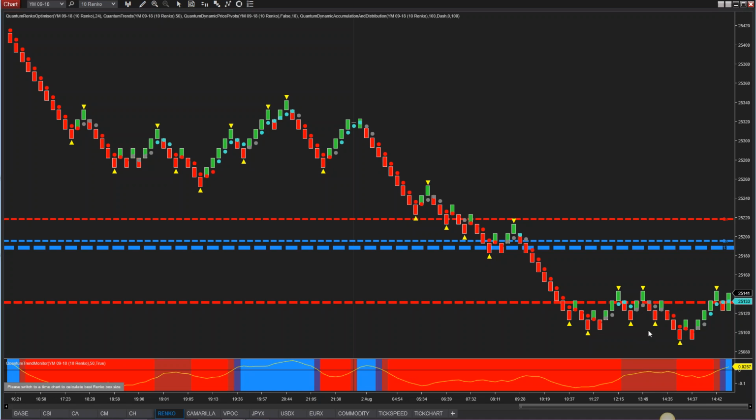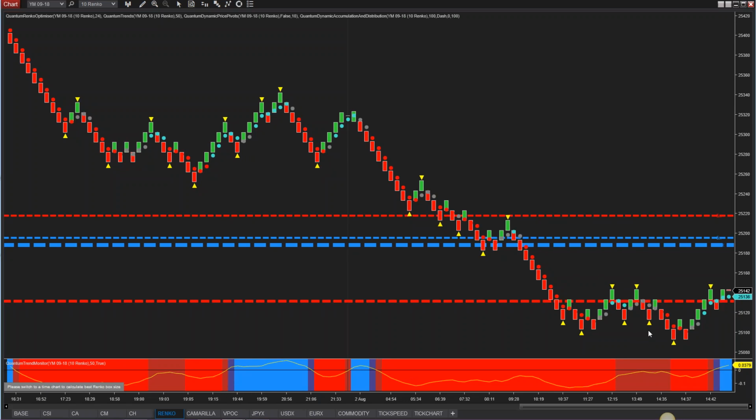The reason that it slowed down to a brick size of 10 is because of that, because the way the indicator works is it's based on average true range. So dependent on the time frame you select, and you can select any time frame, it will automatically deliver the optimal setting for that particular time frame. And obviously that will depend on whether the market is very fast moving or very slow moving.